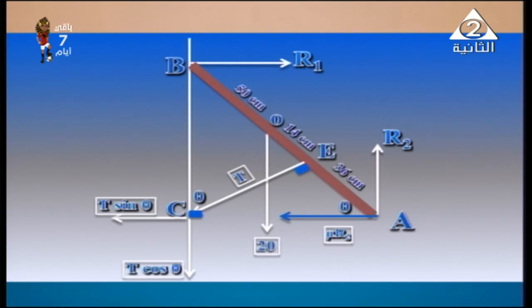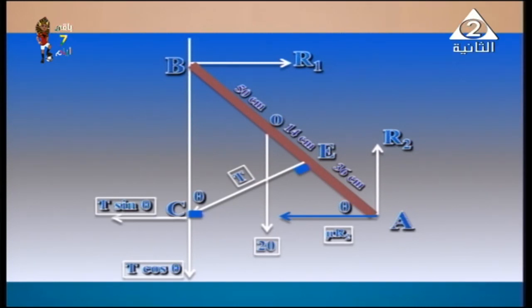Midpoint of the ladder at point O. BO equals 50 centimeter, and AO equals 50 centimeter. We have the ground is rough. Then we have friction mu R2. And the angle between the ladder and the ground is theta.